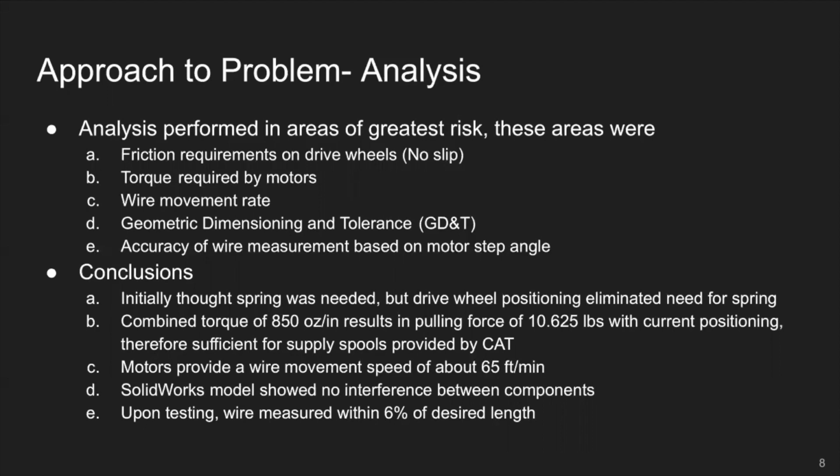And along with that positioning came a torque of about 10.6 pounds, which is more than enough given the supply spools from Caterpillar. The motors provide a wire movement speed of about 65 feet per minute, which is more than enough. Our SolidWorks model showed no interferences between components, and this is also true in reality. And upon testing, the wire measured within 6% of the user's desired length.